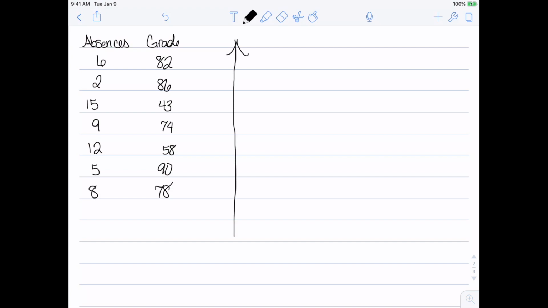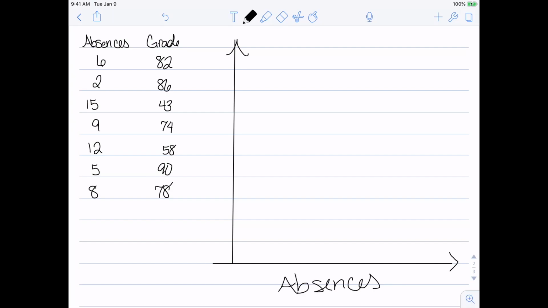So we start with our axes. And we'll put absences on the x-axis and grades on the y. And then we just need to plot the points.